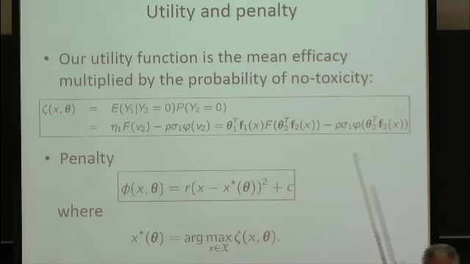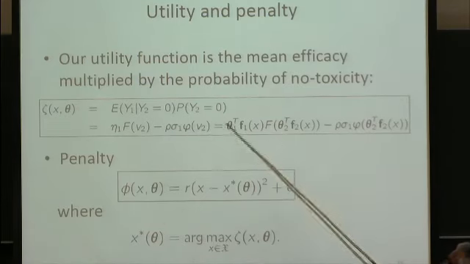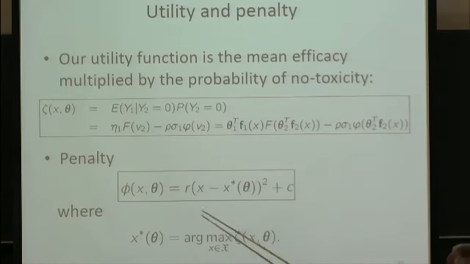And what is utility needed for? I have to define from this utility function the object which I am most interested in. Very often it's the maximum of this function. The best dose is the maximum of this function. After that, I can also introduce a penalty.